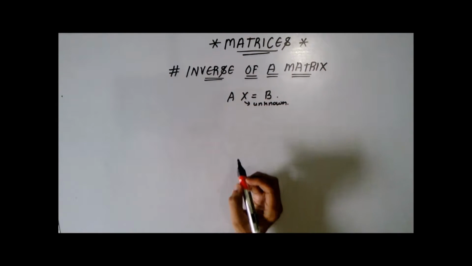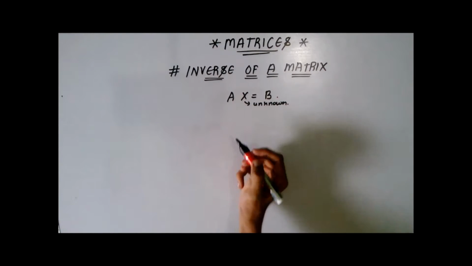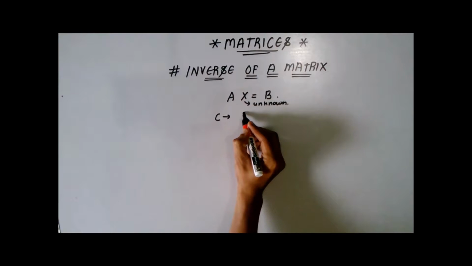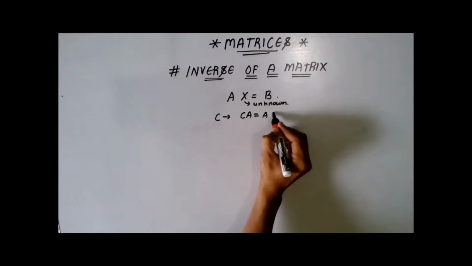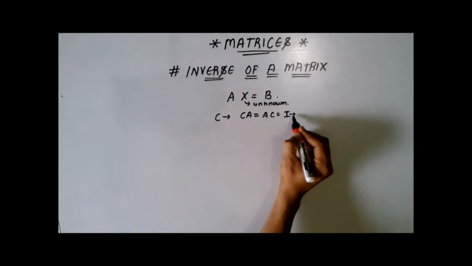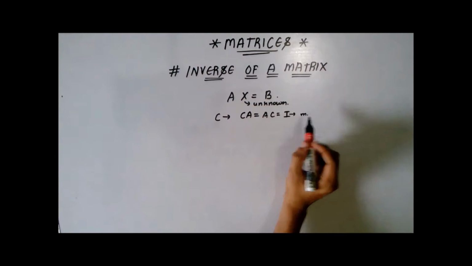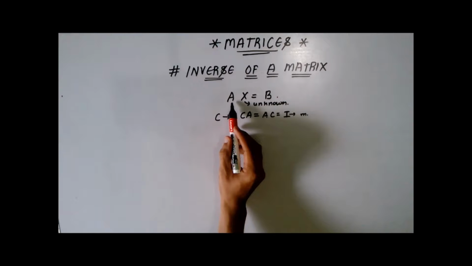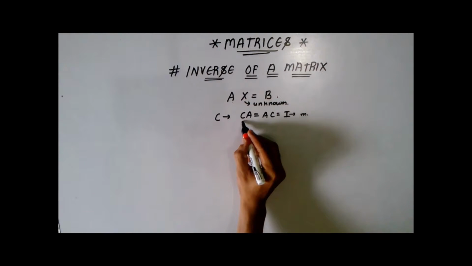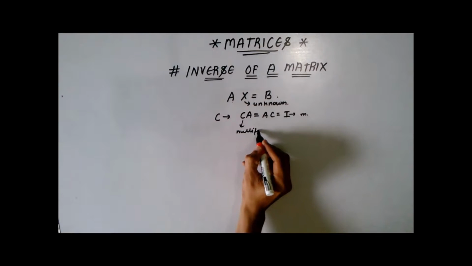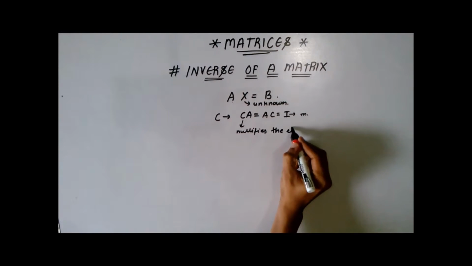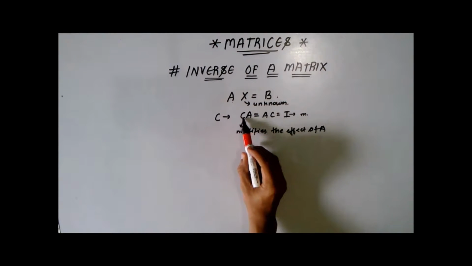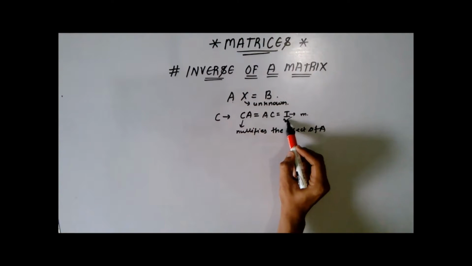Now, somehow due to elementary transformations or any other method, we find a matrix C which satisfies the relation CA is equal to AC is equal to I, where I is the identity matrix of the same order as that of A and C. Then this C can be said to be inverse of A, that is, this C nullifies the effect of A, such that C when multiplied with A either in prefix or in postfix, gives an identity matrix.